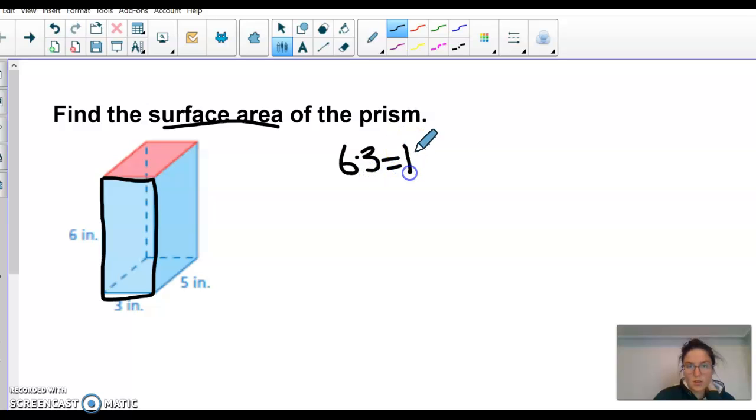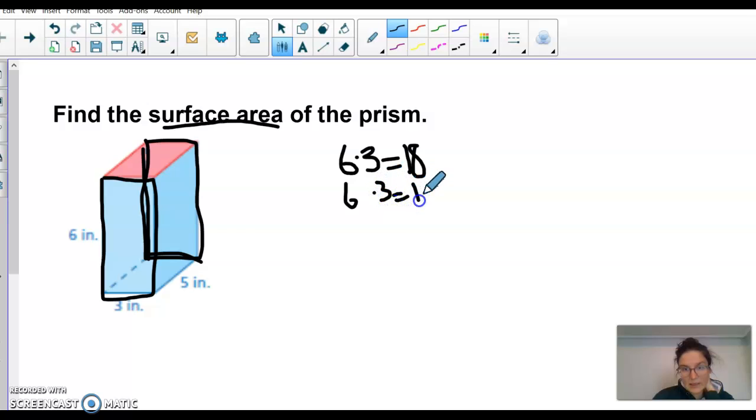Since we just did the front, I'll outline the back in black. Here's the back. The height of this is still 6 and the base of it is 3. So 6 times 3 is 18. That was the front and the back.